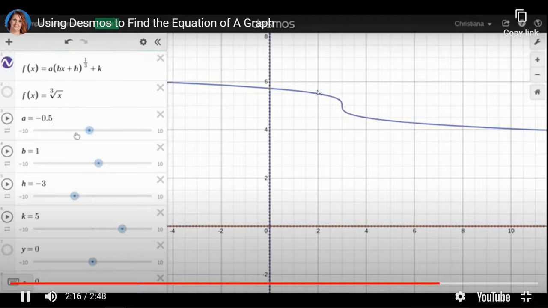So not only do we have a vertical compression, we also have a reflection, and that's why it ended up being slightly squished together and negative. Now, because it landed right on top of it, that means I don't have to find my B. B stays at 1. Okay?